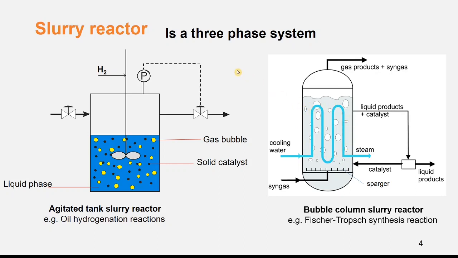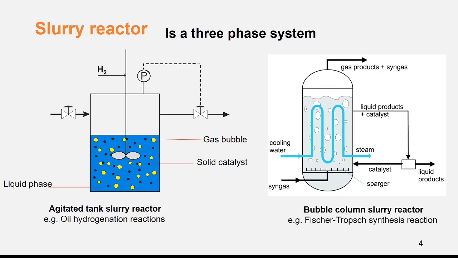There are a number of reasons why a slurry reactor may be used. First, if you have a gas reactant and a liquid reactant, then you need to dissolve the gas into the liquid so that they can both get to the catalyst surface and react together there. Another reason is that you may have a very exothermic catalytic reaction of a gas phase reactant.